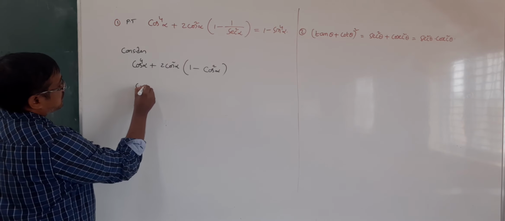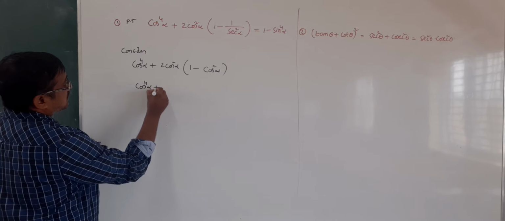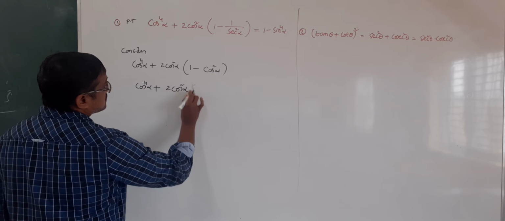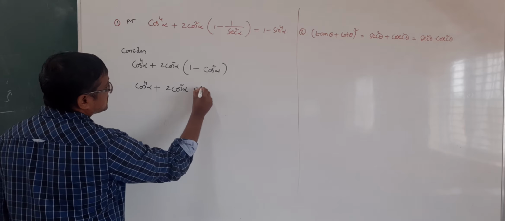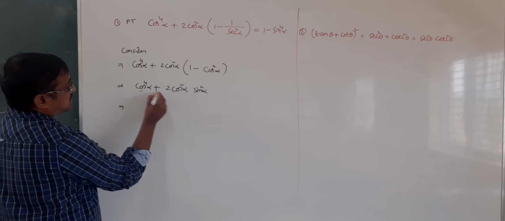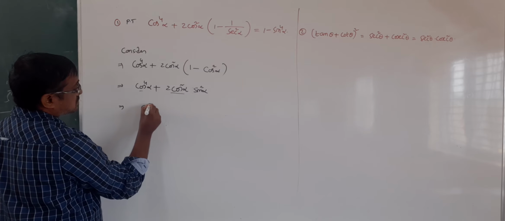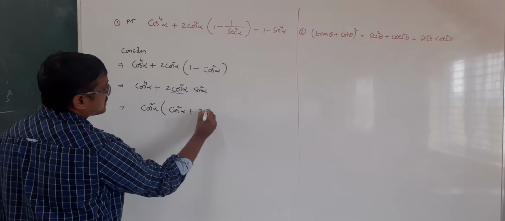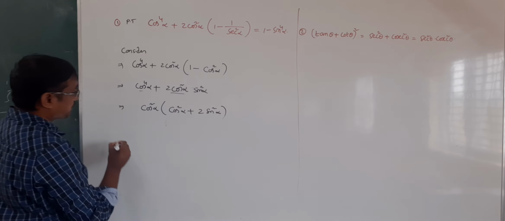So cos power 4 alpha plus 2 cos square alpha into 1 minus cos square alpha, which can be written as sin square alpha. Now you have cos square alpha as common, so you will get cos square alpha into cos square alpha plus 2 sin square alpha.